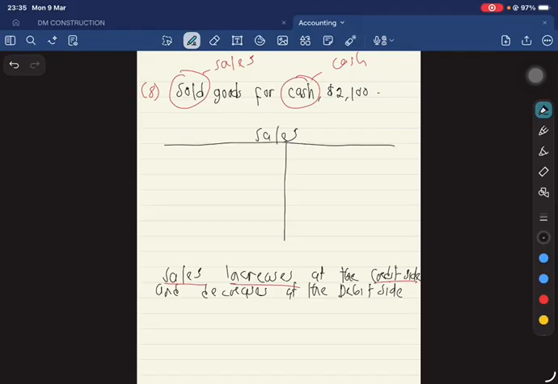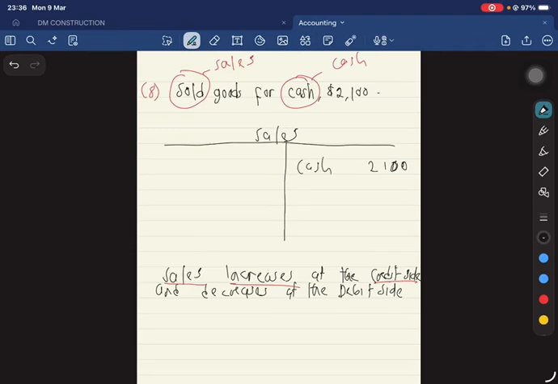So we are going to credit sales 2,100 in the name of cash. It was due to a cash payment. That was why sales increased. So due to cash.